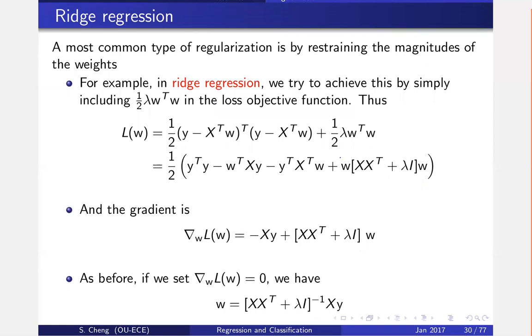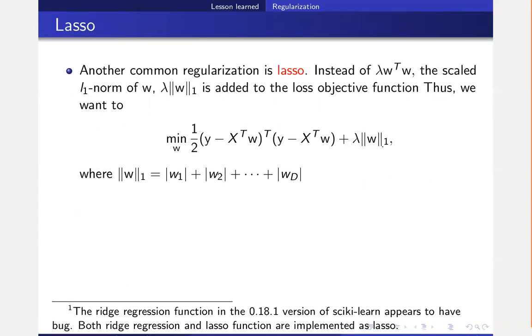Note that in ridge regression, I'm adding the sum of squares of all the parameters, or the second norm of the parameter vector. Here instead, I can consider the first norm of the parameter vector. So I add the first norm. The first norm has the effect to give you a sparse solution. Therefore it was quite popular, like 10 years ago I guess, when people talked a lot about sparse coding, compressed sensing and so on.